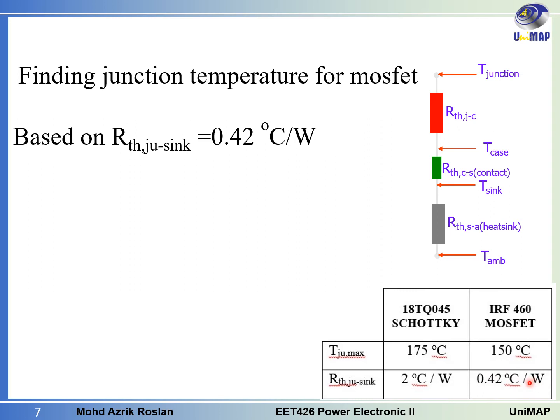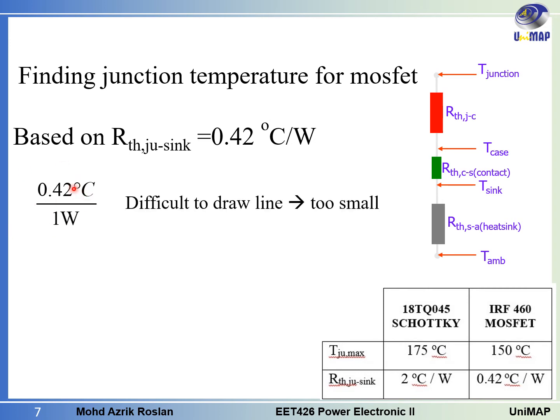So based on this, we know that for this value, 0.42 degrees C per watt, it is equal to this. But if you want to draw a 0.42 degrees C increment in the graph that we have, it is difficult because it's very small.